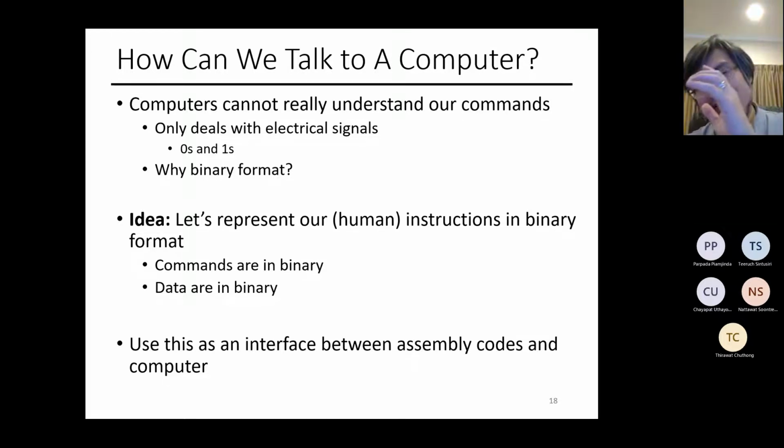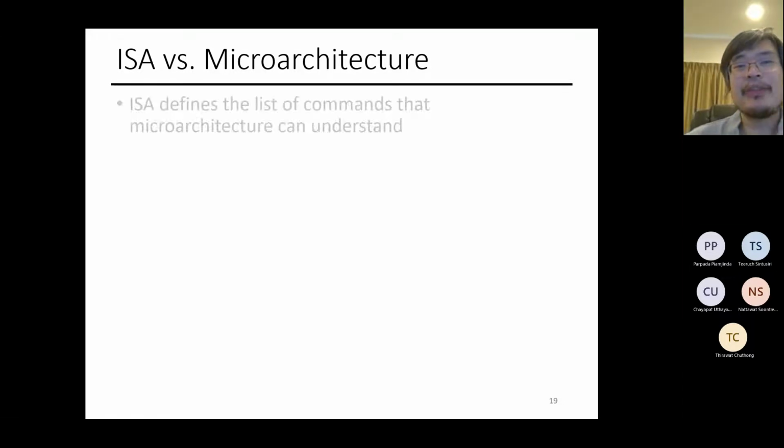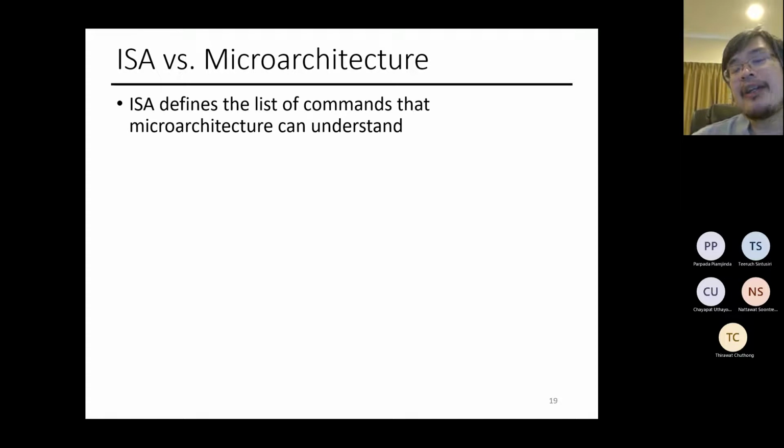We can now use what we call the ISA and the microarchitecture. The gist of it is the ISA basically defines the list of commands that the microarchitecture can understand.